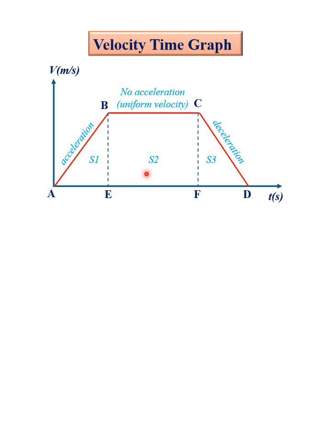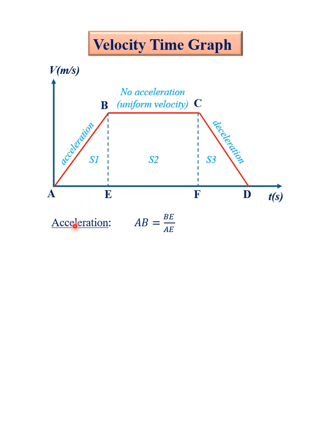Now that we've known what is happening in this graph and the motion as demonstrated, how do we use this to solve problems? Let's look at the first phase of the journey, the acceleration phase, represented by this triangle ABE. The distance covered during acceleration is given as S1, and that is simply equal to the area of this triangle ABE.